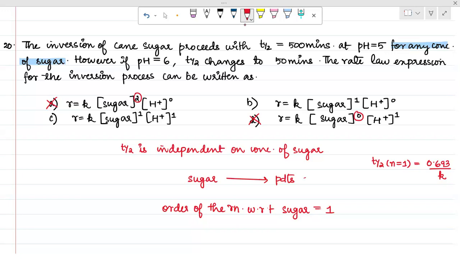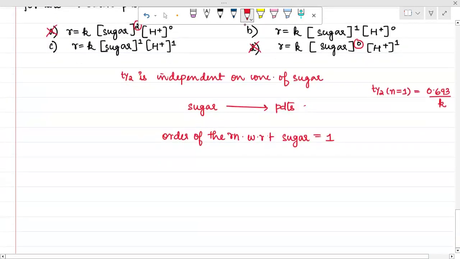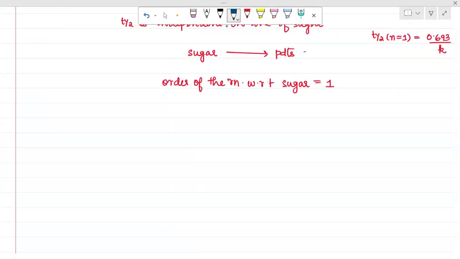Okay. Now let's see. It's given that at pH 5, T half is something. At pH 6, T half is something else. So how do we do that? For this, you have to know that pH is minus logarithm of H plus. Going back to our early school days. pH is minus logarithm of H plus. So there are two cases given, right?